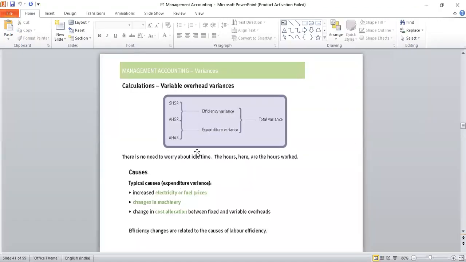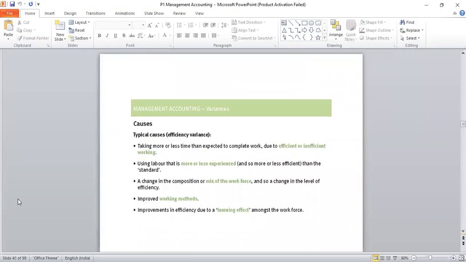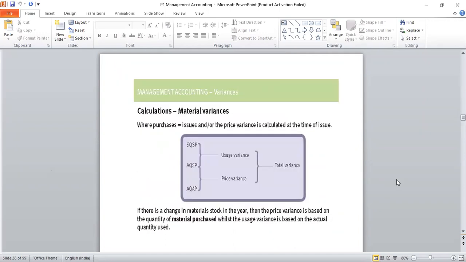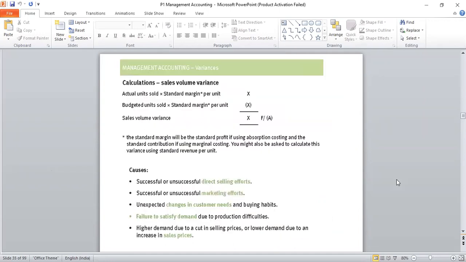What was efficiency variance focusing on? The formulas are not here.